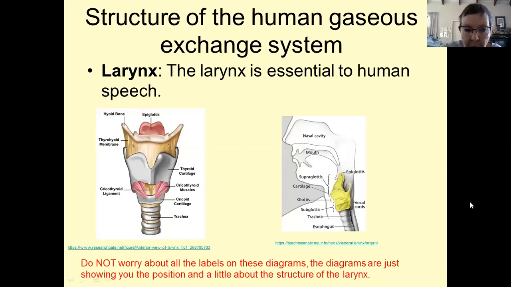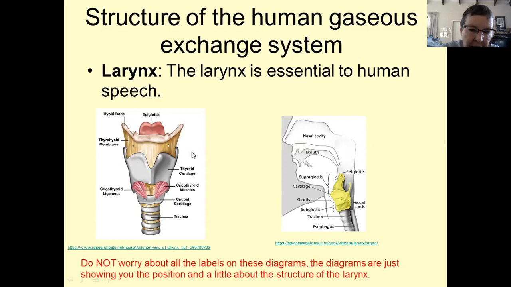Okay. Right. Starting off with the structure of the trachea, because that's how far we got last lesson. And the very top part of the trachea is called the larynx. And it tells you at the bottom here, don't worry about all the labels on these diagrams, because the function of me putting in these two diagrams was just to show you the structure and the position of the larynx.